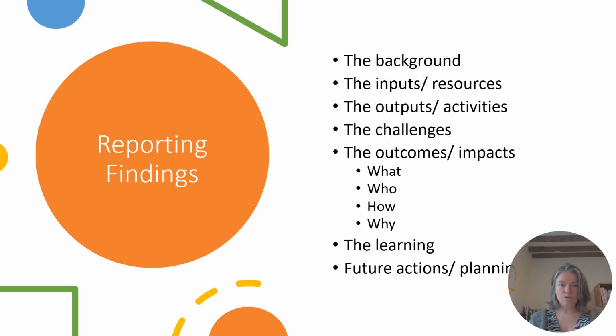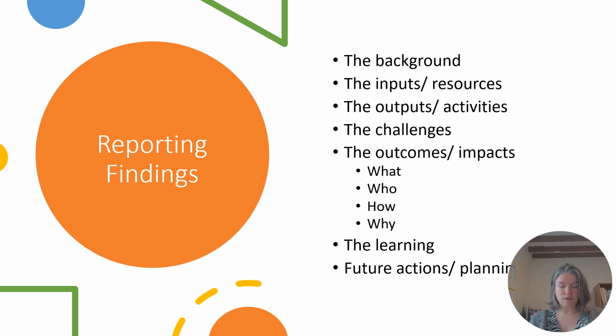So you can write up the background and the explanation of what the project is about, and you can think about the inputs, the resources that you've brought into the project or the activity, and then you can use the map to think, okay, all of those blue boxes are the outputs and activities that we've had.